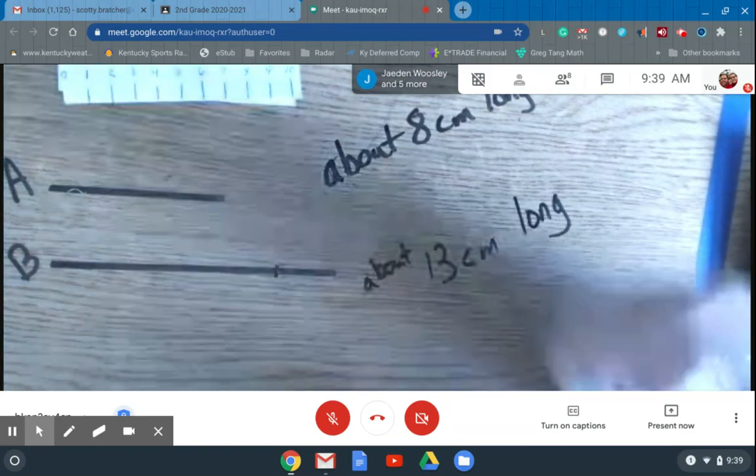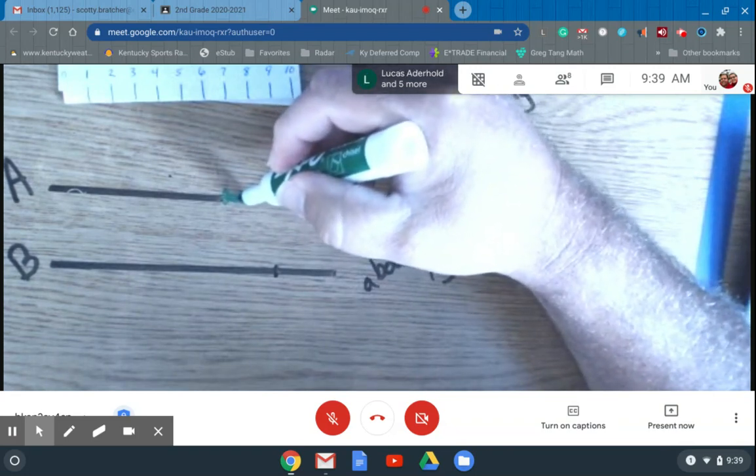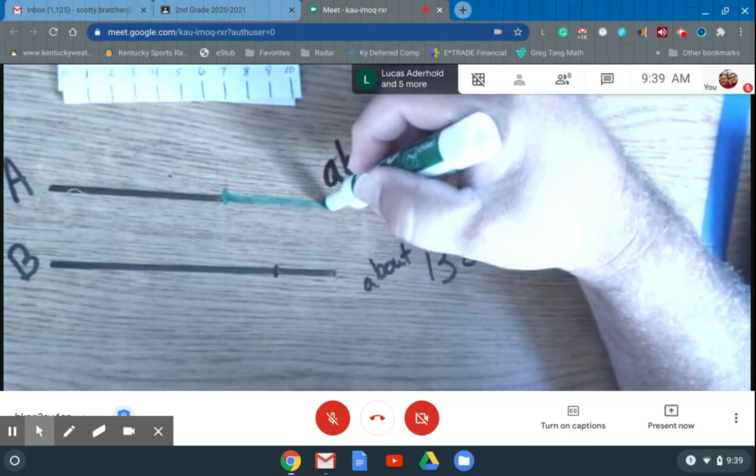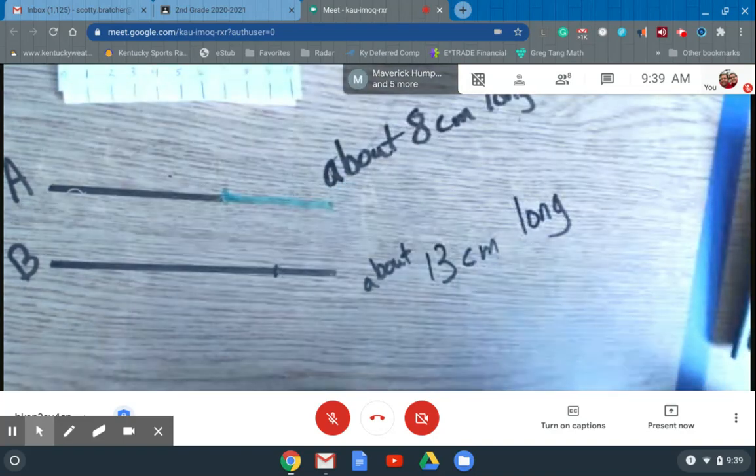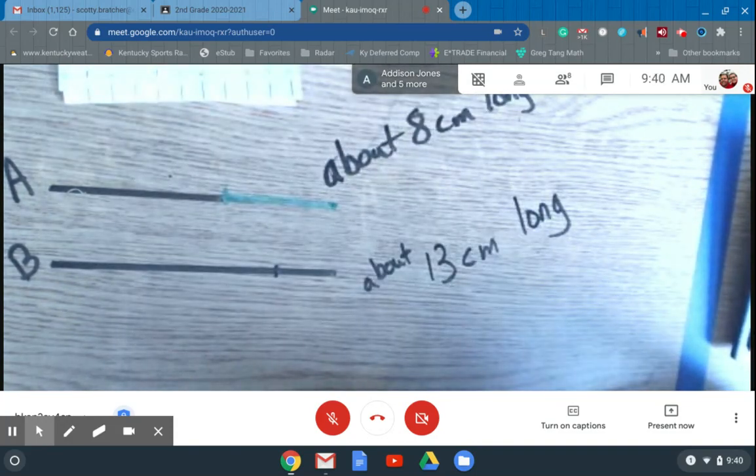If I made from here and I added that much to line A, it would be about the same length as B, right? Yep. I see Callie shaking her head. Yeah. Okay. Everybody else, okay?